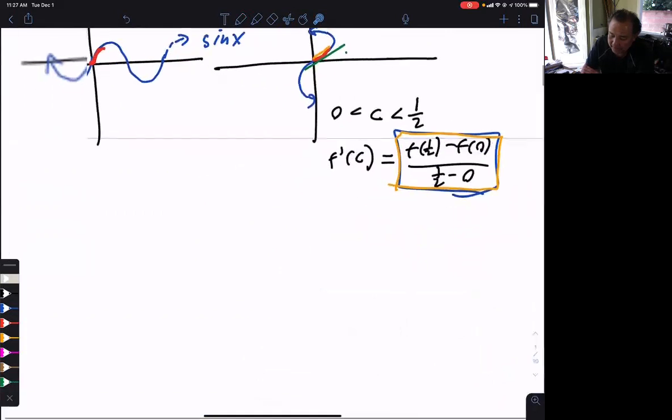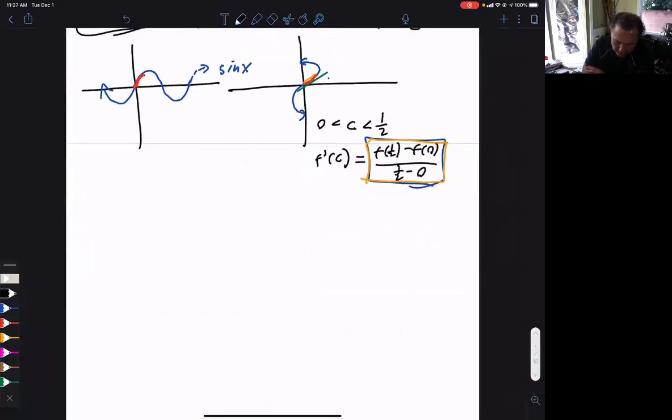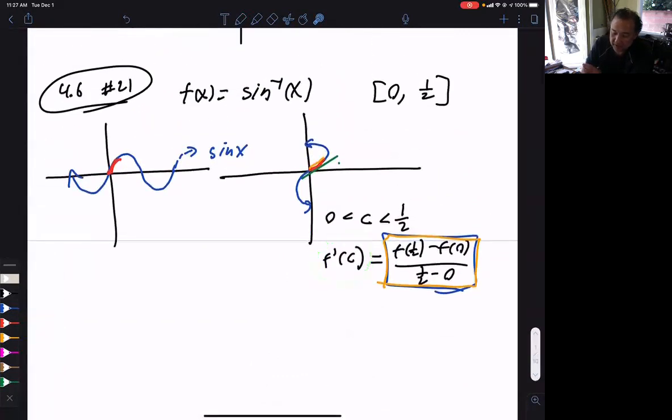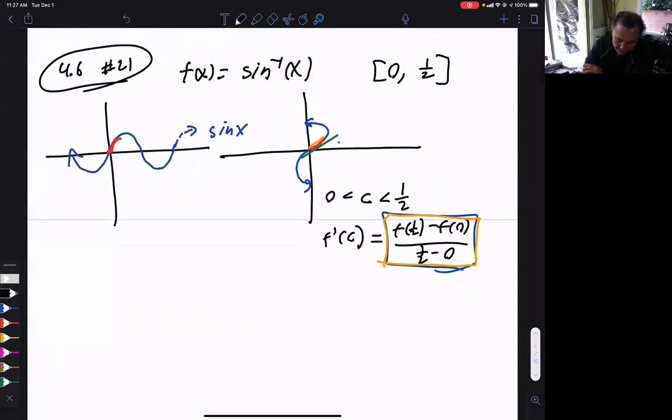So let's find each of these. Well, first, what's the derivative of f? You should know the derivative of that is 1 over the square root of 1 minus x squared, but in this case it's c squared. You need to know the derivative of arc sine, arc cosine, arc tan.